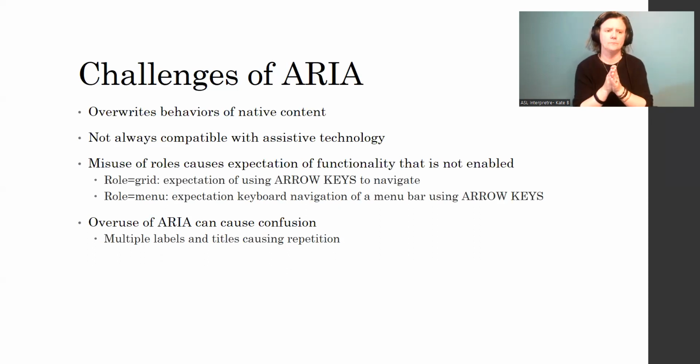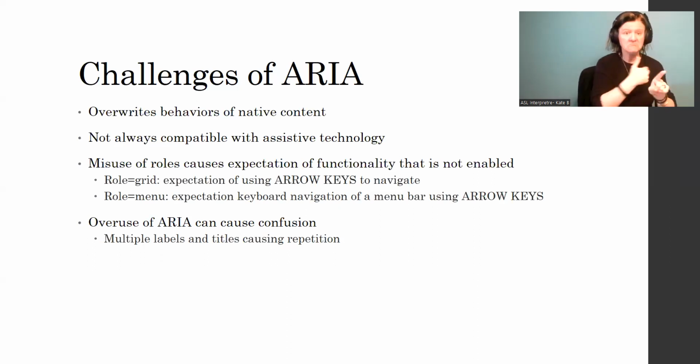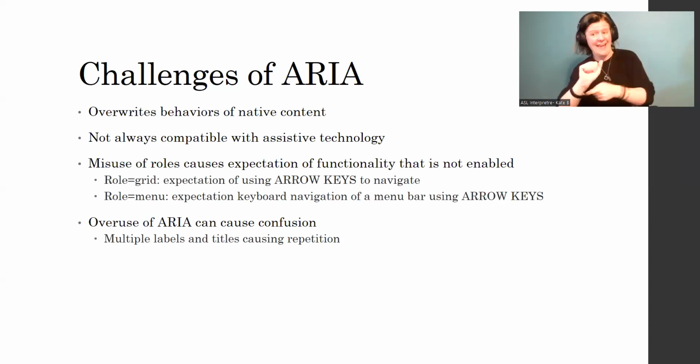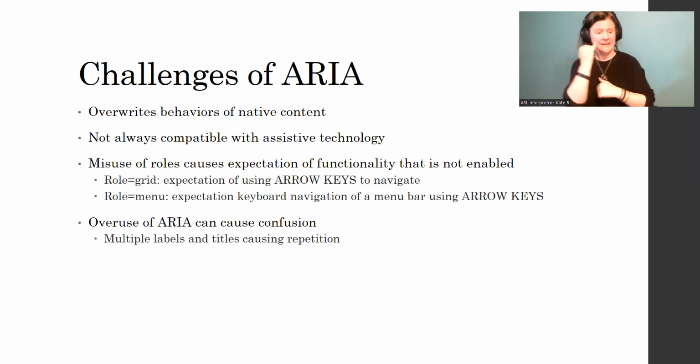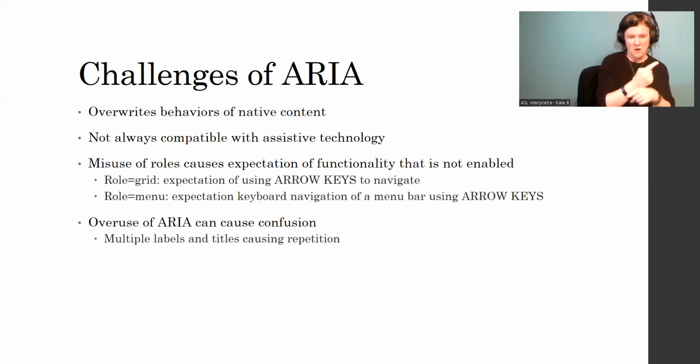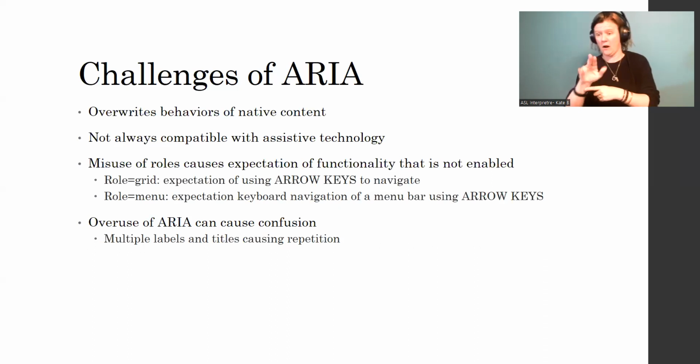Don't overuse it. As I was alluding to earlier, if you have a button that has a label on the button and an ARIA label, you might get different or contradictory behavior. It can sometimes read out multiple things. So if you have a button with a natural label of submit and an ARIA label of submit, a screen reader user might hear a submit button or a submit button submit, and it can cause problems.